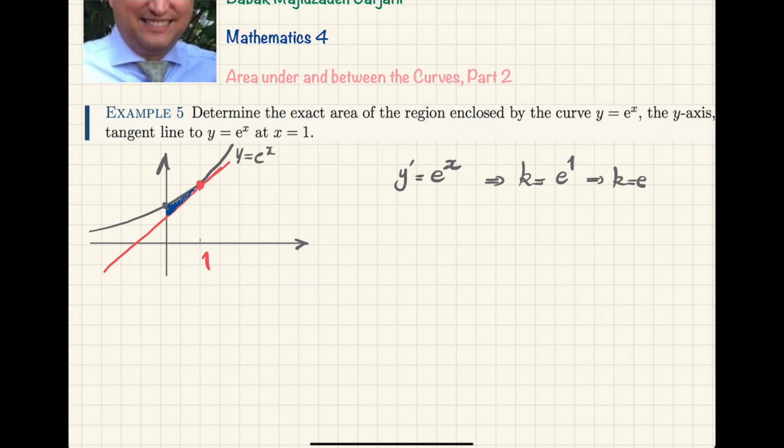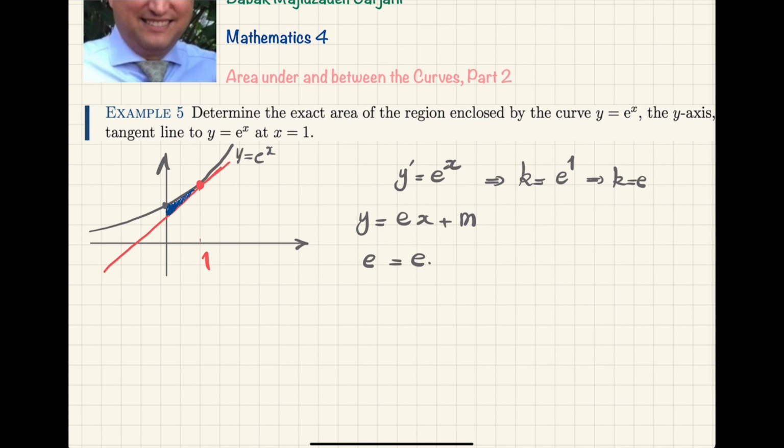Then if I want to write an equation for the tangent line, it is y equals the k value times x plus the m value. But how should I find the m value? If x is 1, the y value is e to power 1 because the point lies on this graph, and this should also satisfy my equation. So instead of y I put e, instead of x I put 1.